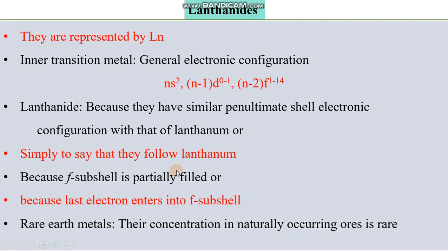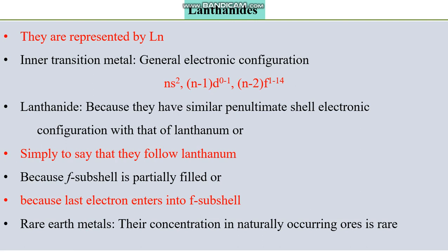These elements are sometimes also called rare earth metals, and this name is given to the series because of their concentration in the earth's crust. Since they are rarely occurring elements in the earth's crust, they are called rare earth metals.